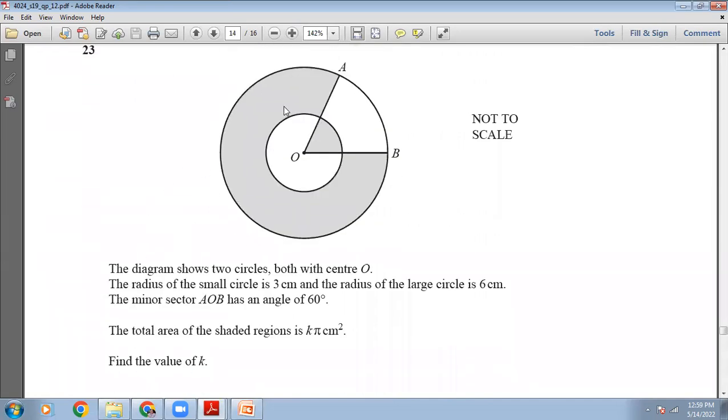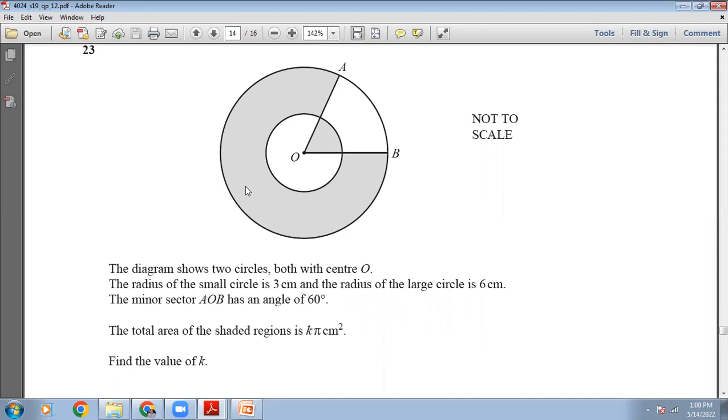The strategy is very simple. First of all, I will find the area of this shaded region, and then I will find the area of this other shaded region, and I will add both of them. This shaded area is very simple. Find the area of the big major sector, then find the area of this smaller white sector, and from the big sector subtract this sector.